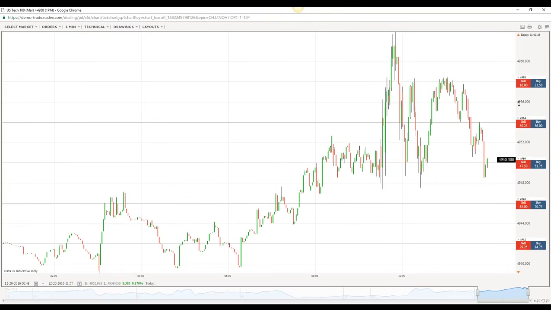These are both in-the-money binaries, right? And if I sell these, what am I saying? I'm saying that the market is going to stay below this level, right?